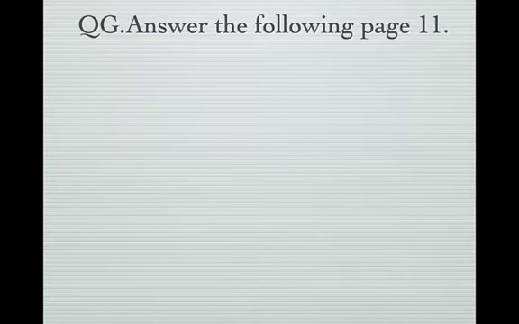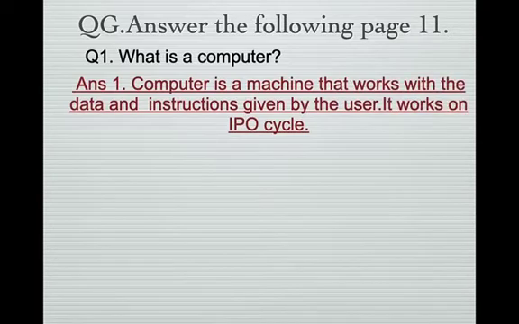Now let us see the question answer. What is the first question? What is a computer? Computer is a machine that works with data and instruction given by the user. It works on IPO cycle. 3 points in this answer. Computer is a machine. How does it work? It works on input, that is data and instruction.